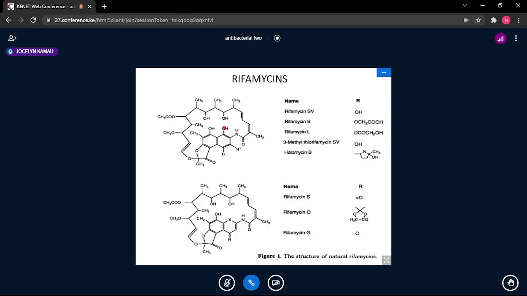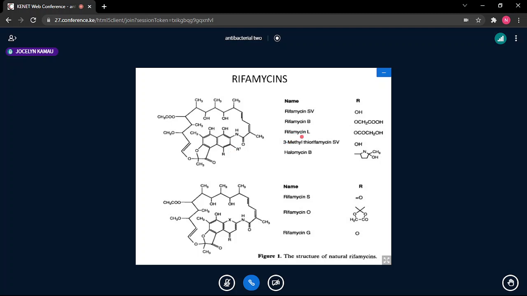You can also change the group at that position. Rifamycin B has a glycolic moiety, OCH2COOH, at that position, and R is a hydroxyl group. R1 is still a hydrogen.